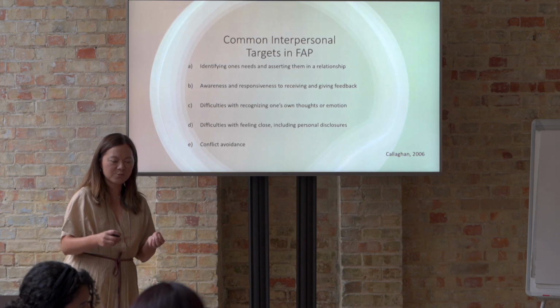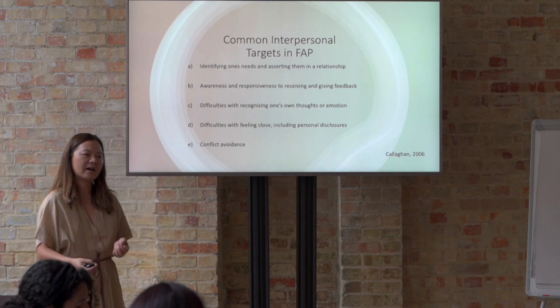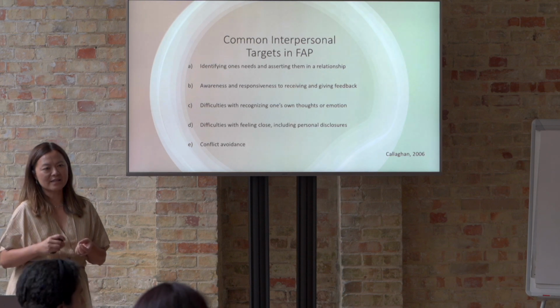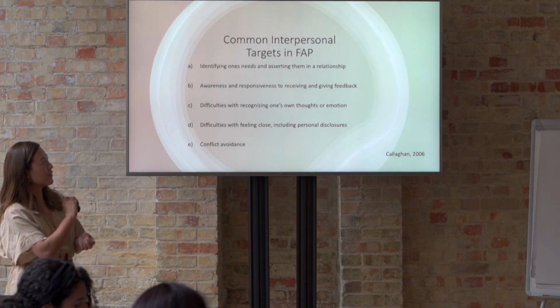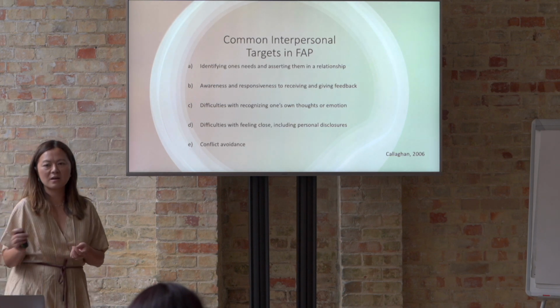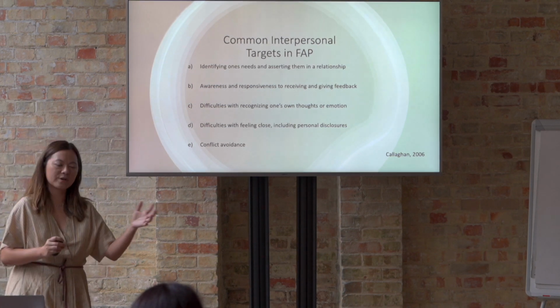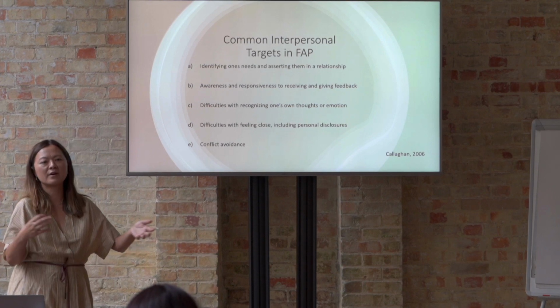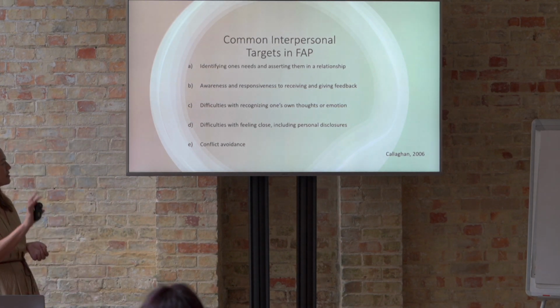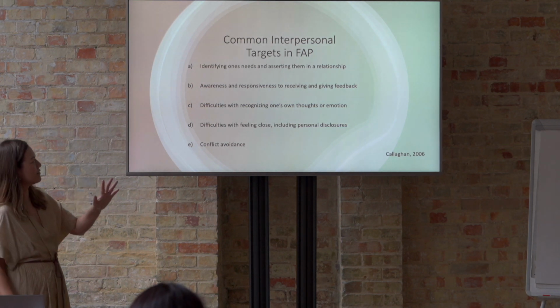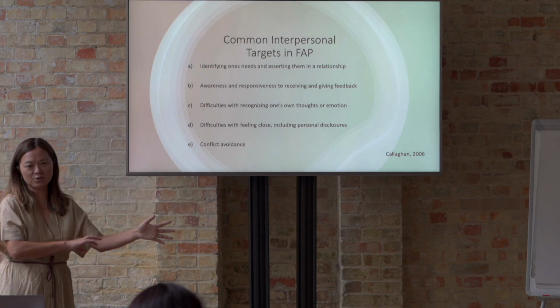Because FAP is such a relational approach, and we are looking at in-session behavior, we are using interpersonal targets as a guideline for what is the proper behavior and what is the helpful behavior. Okay, so he came up with basically 5 functional categories.